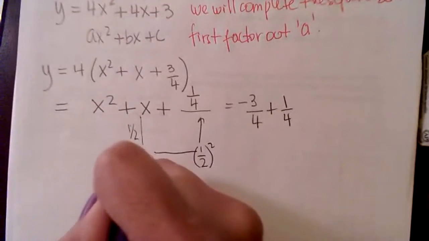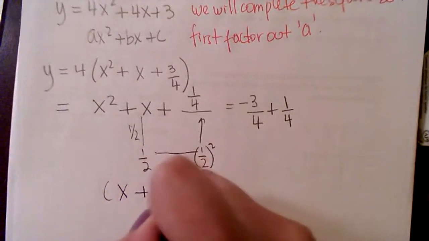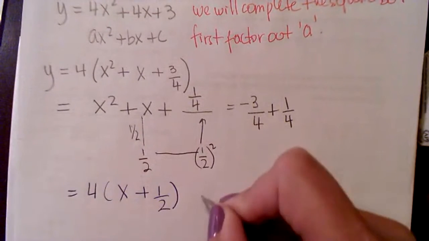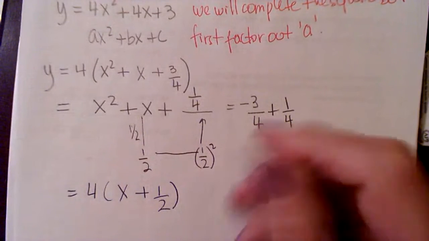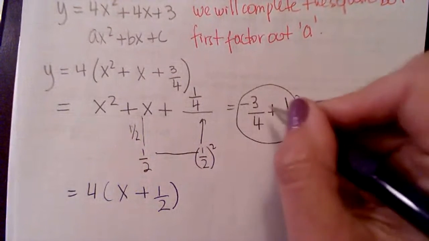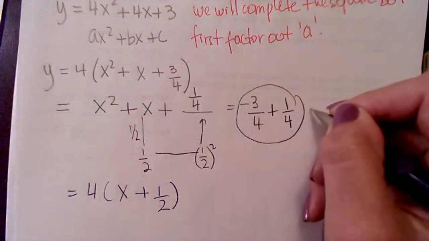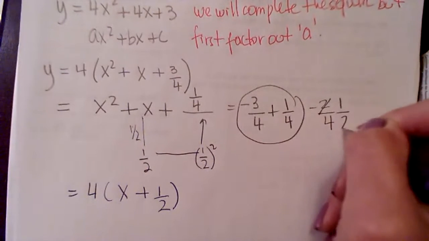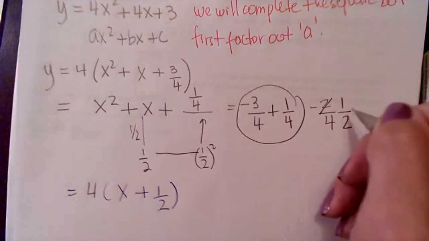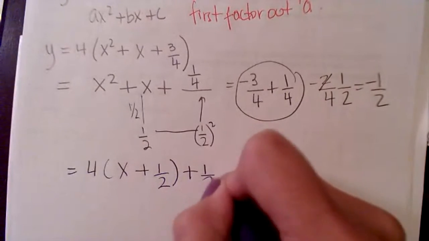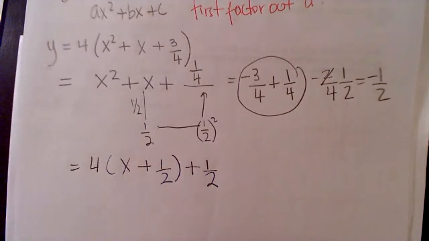Okay? So we have x plus 1/2 squared. Don't forget the 4. Okay? But plus 1/2. And what do we have here out of this? Negative 3 plus 1 is negative 2 over 4, which is negative 1 over 2.